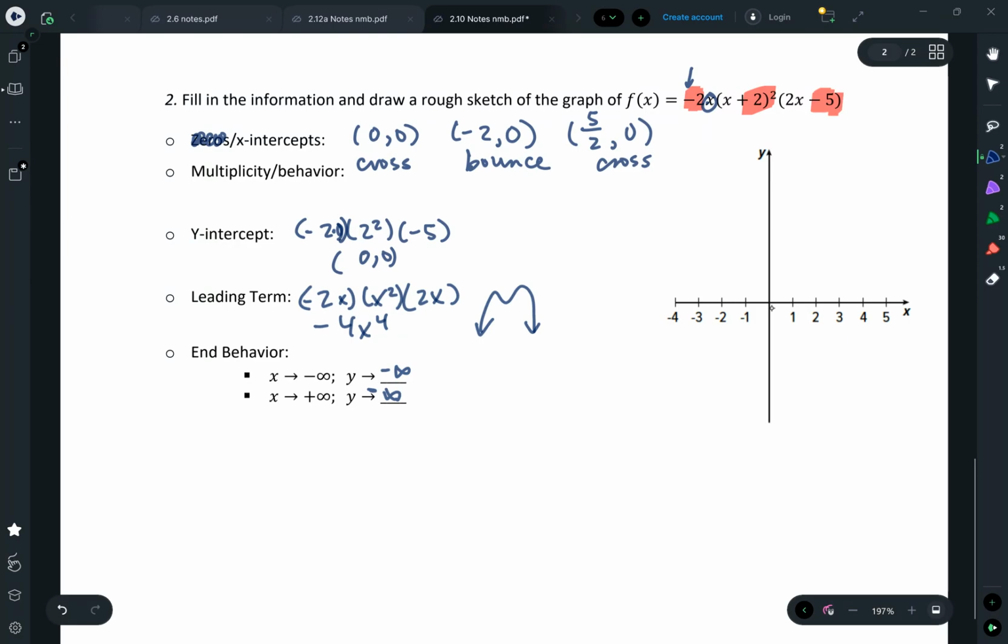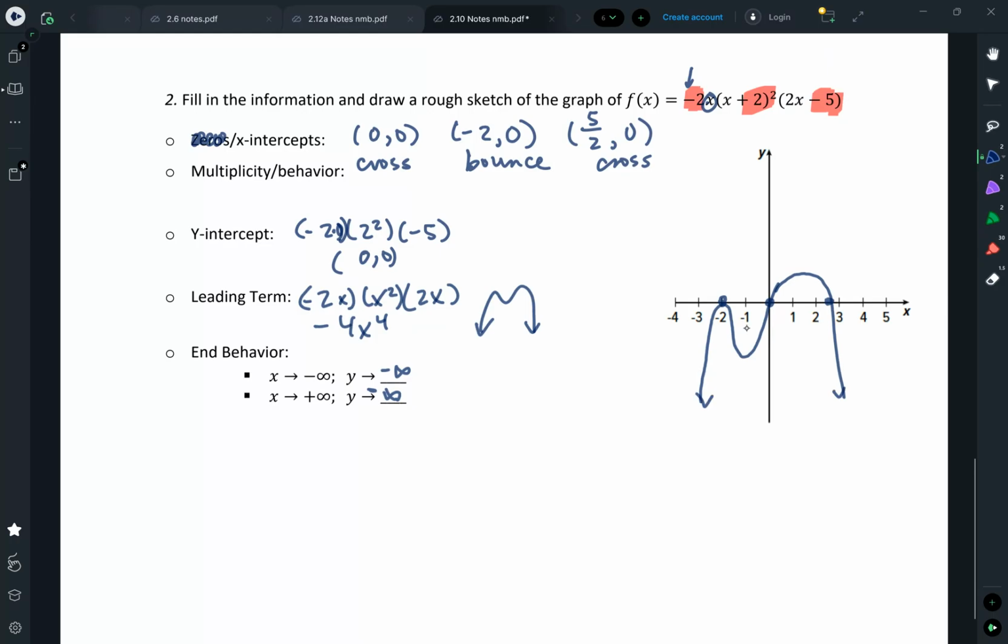So we got 0, 0, negative 2, 0, 5 halves would be 2.5. So we're going to come from down here, bouncing at the negative 2, and then crossing at the 0, and then crossing again at the 5 halves. So again, I don't know about these valleys and peaks, how high to make them. So we just kind of do the best we can. And that looks great.